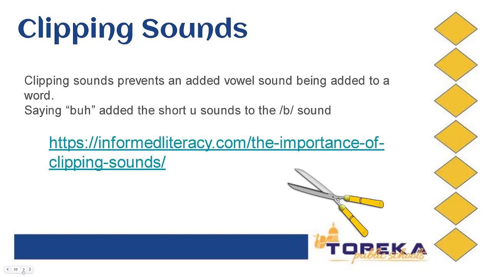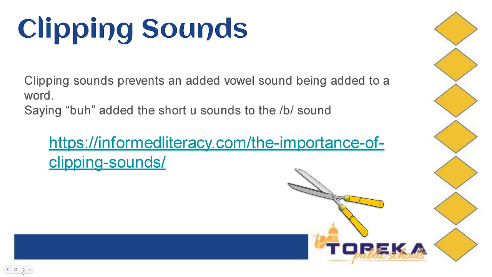Now, one of the things that I want to talk about as we go forward is something called clipping sounds. And clipping sounds are extremely important. When you are working on this skill with your students, it's important that you are clipping sounds, because if not, you're adding an additional sound to a word. For example, if you or a student says "buh," what's the first sound in the word?